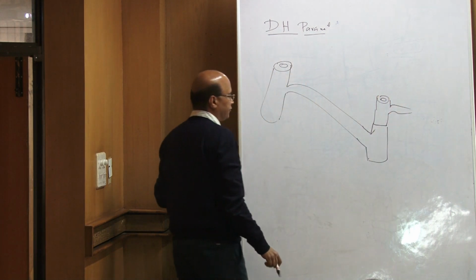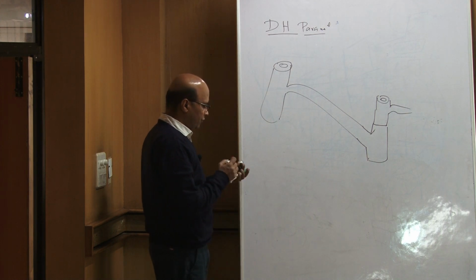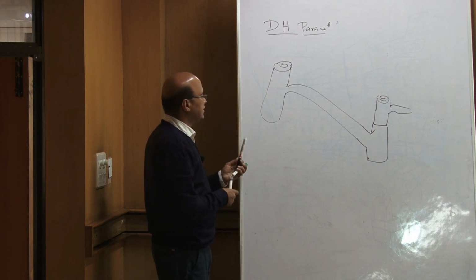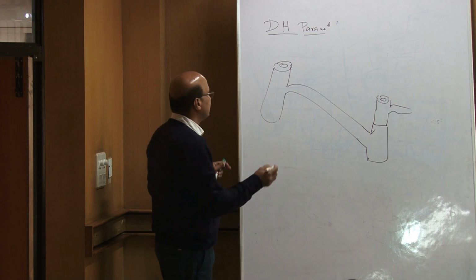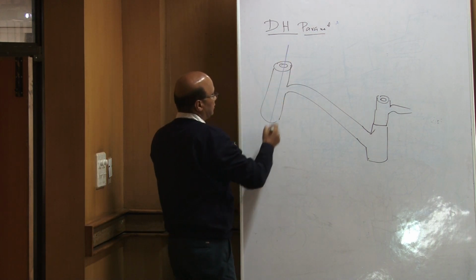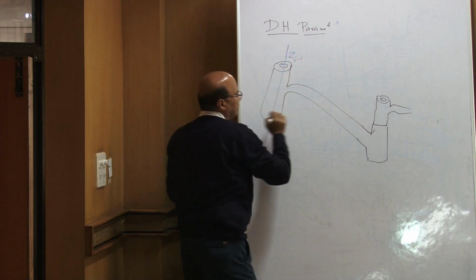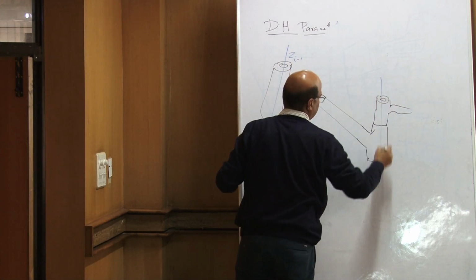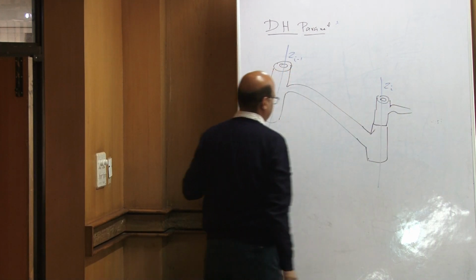Okay. So we assign our z axis first. I assign my z axis like this. So this is zi minus 1. The next one is my zi axis.